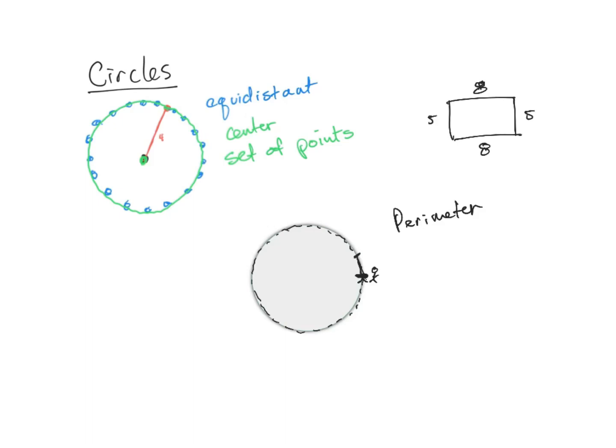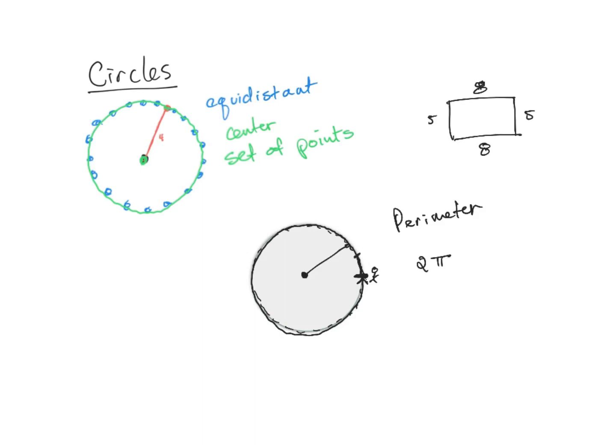Well, the understanding is that this circle continues to go endlessly, and in order to signify that, we use pi. And to say that this person has gone all the way around the circle, and one thing you'll run into, especially when you get to Algebra 2 and pre-calc, is that 2 pi is a full unit.